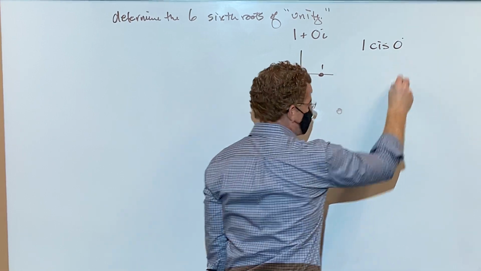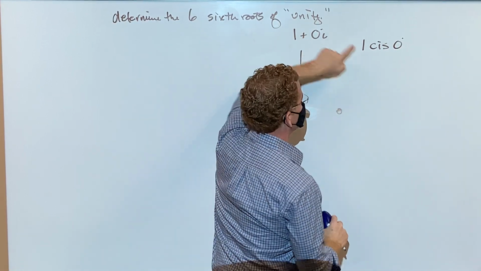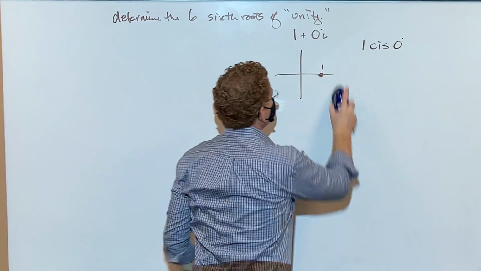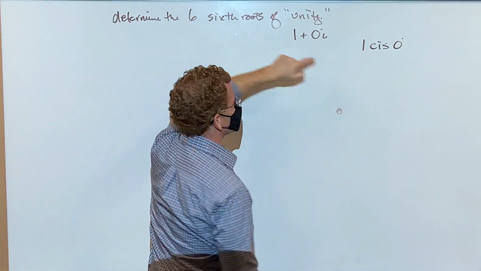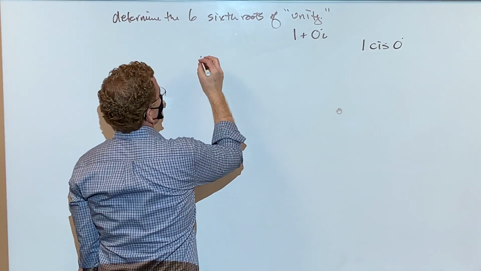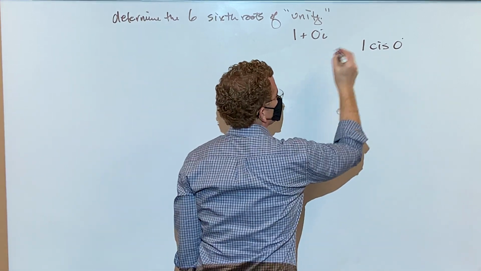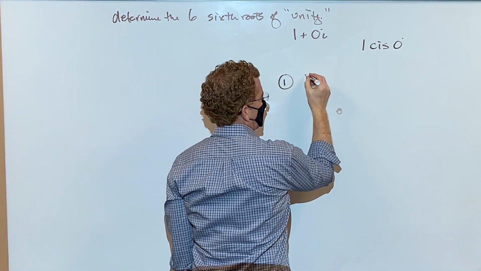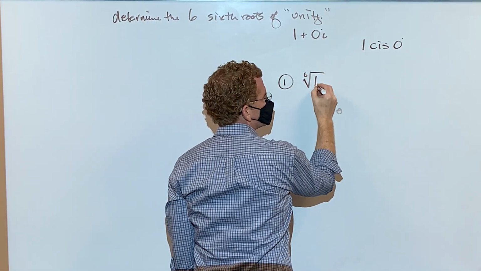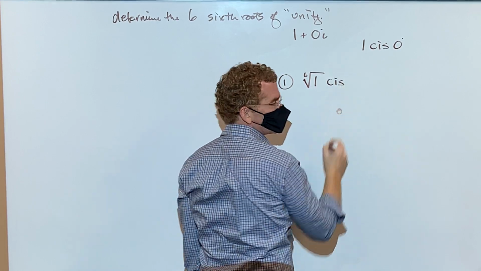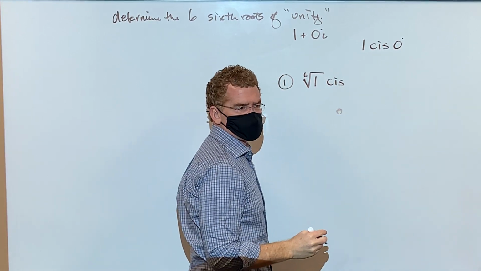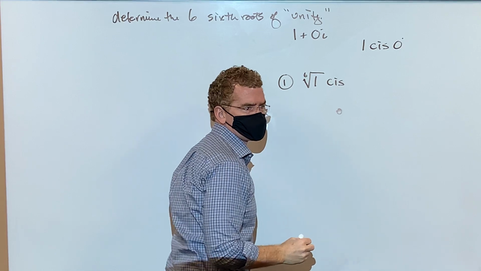Now remember, that's not my first root. That's unity. So how do I find the sixth roots of that? The first one would be the sixth root of 1, and then what do you do with the angle? Multiply by 6.